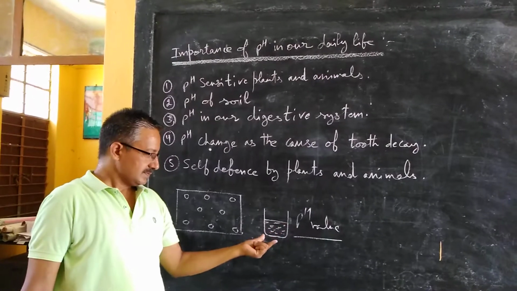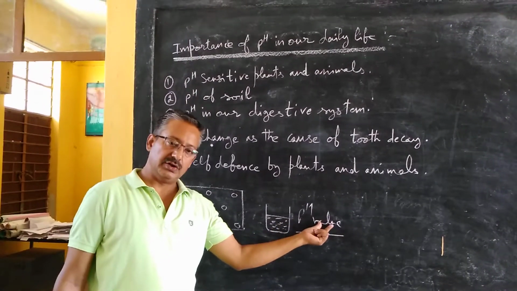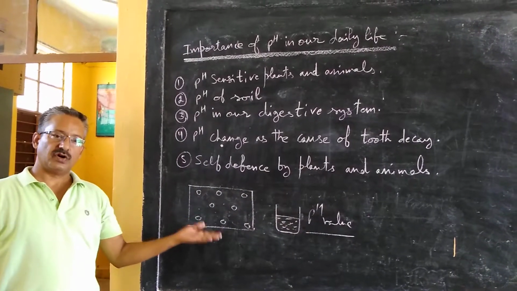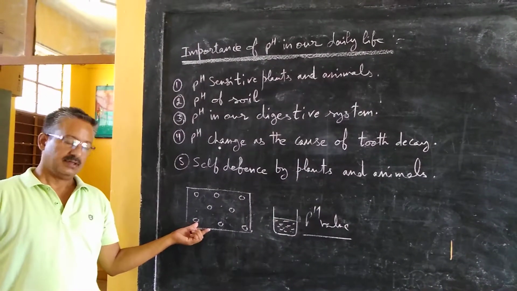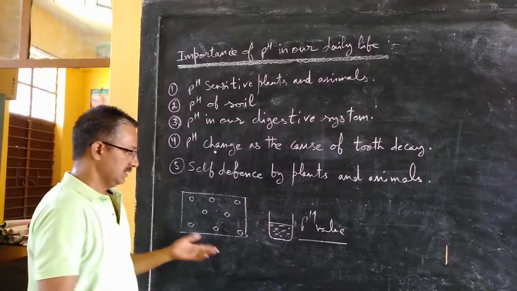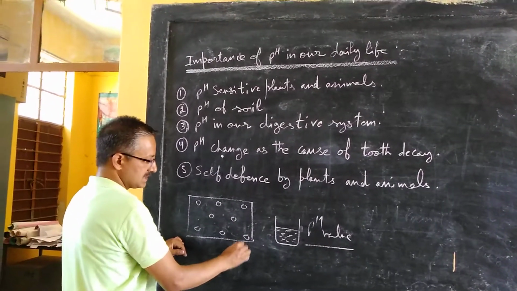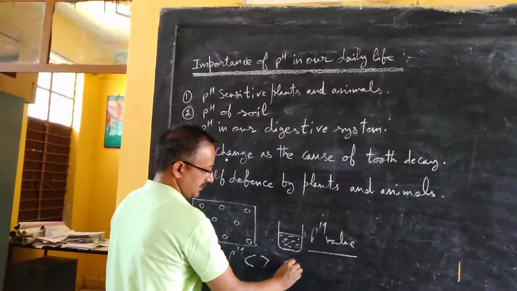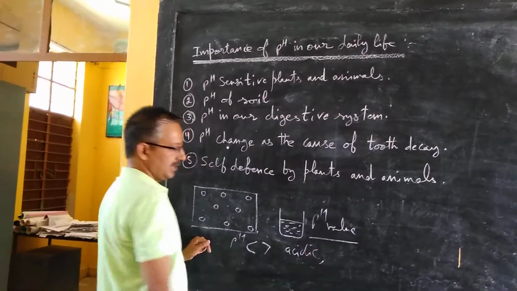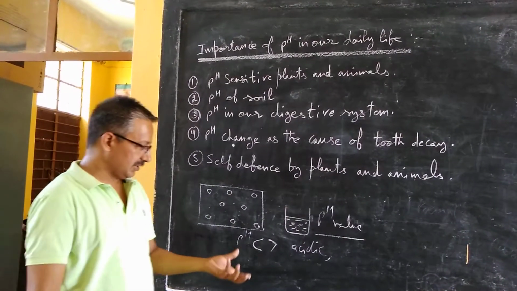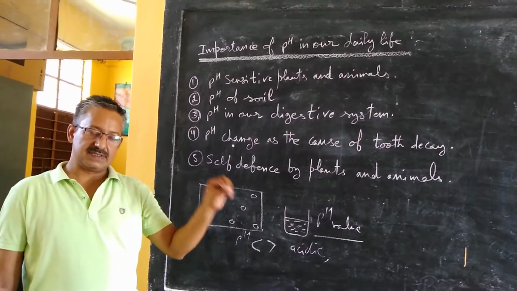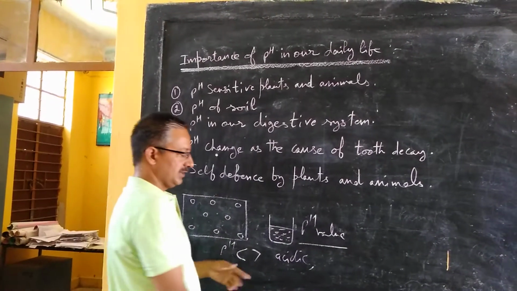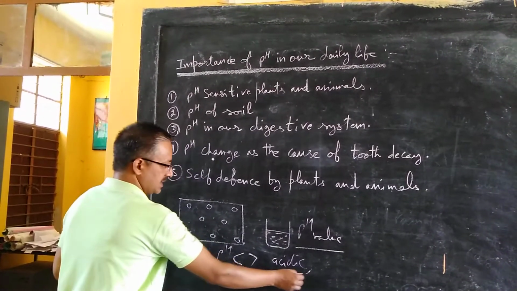So, once we know what the pH value is, then we can recommend which type of crop will be used. And one more thing can be done. If the soil's pH is less than 7 and the soil is acidic and we need to make it basic, then what will we do? We will put such manure, such fertilizers which will help increase the pH level.